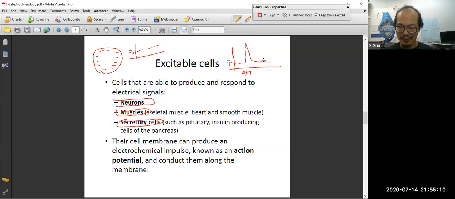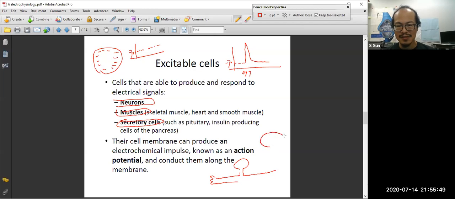And then, so here is your nerve. A nerve has a little hand out there, and the cell body, sorry. All right, so the cell body, and then it sends to your brain.